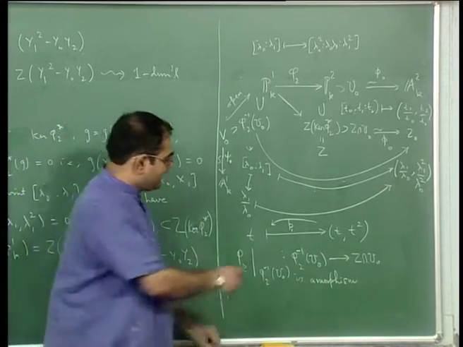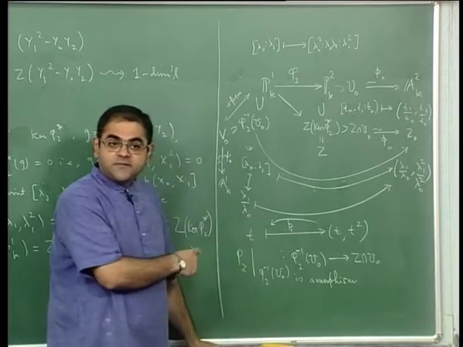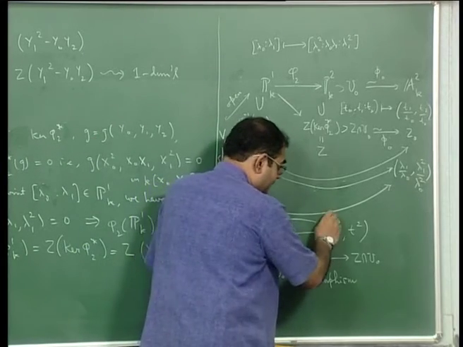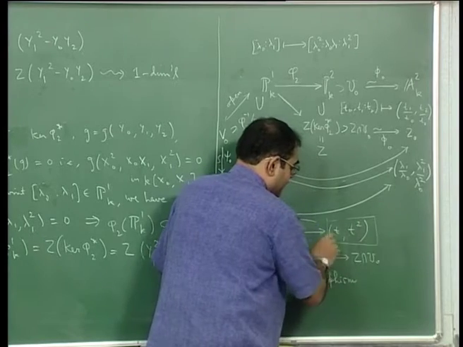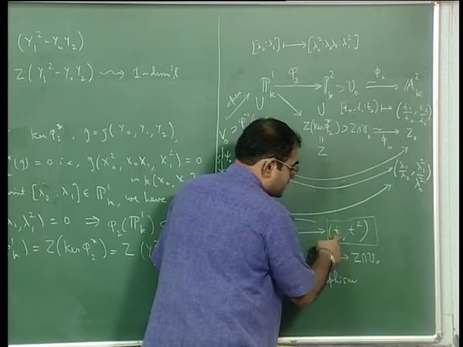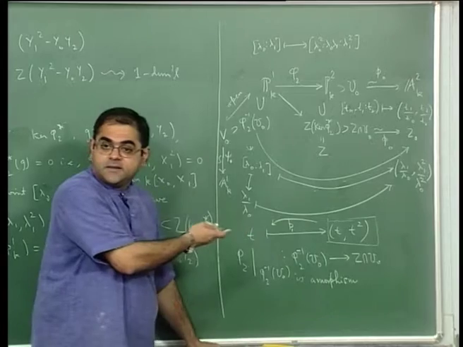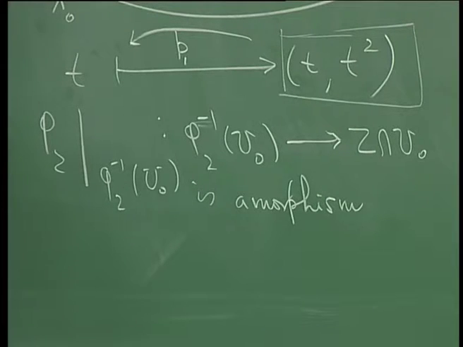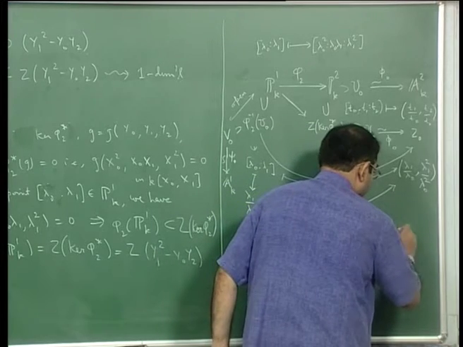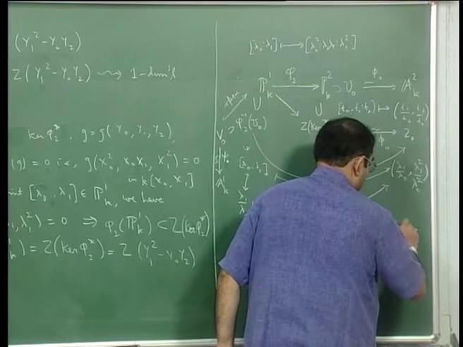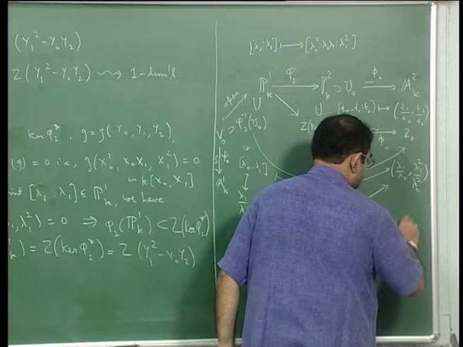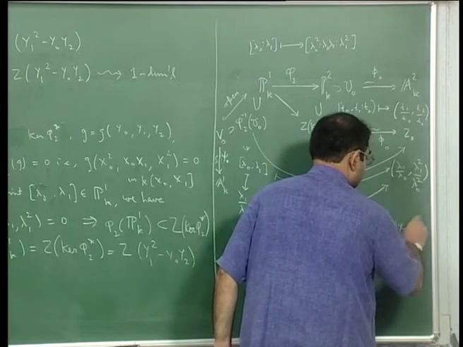And where is the inverse morphism defined? I am looking at points of this form, and these are the points of the parabola y equal to x squared. These are all points on z of y minus x squared.